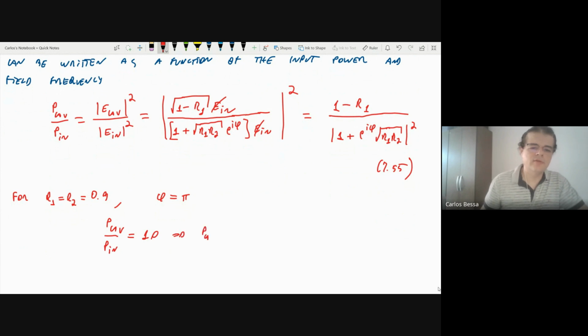So P_cav is about 10 times bigger than P_in.